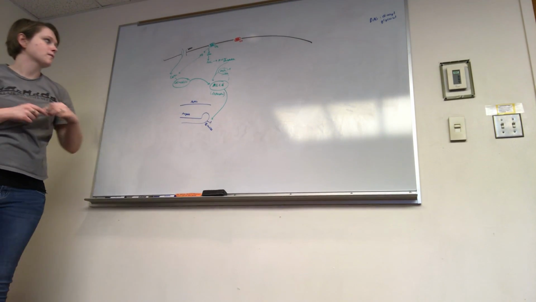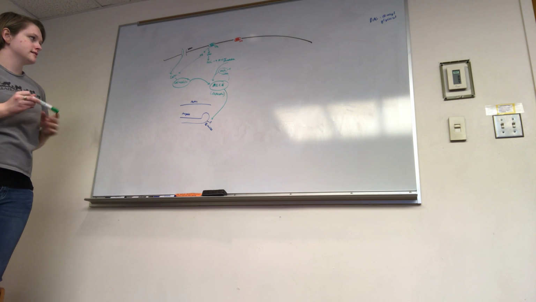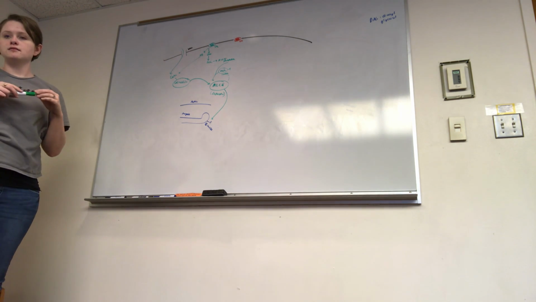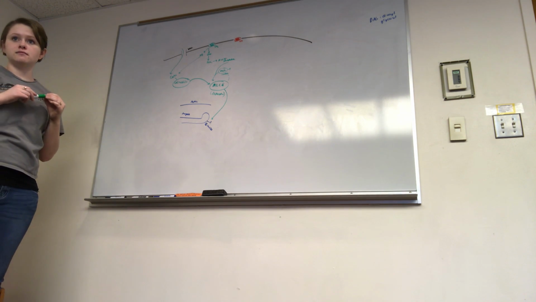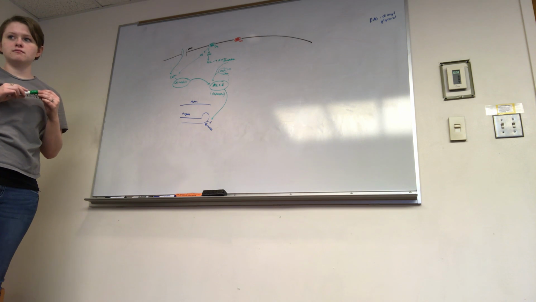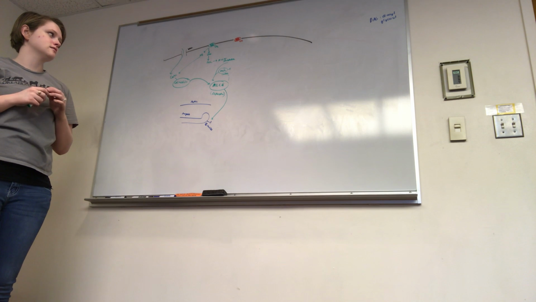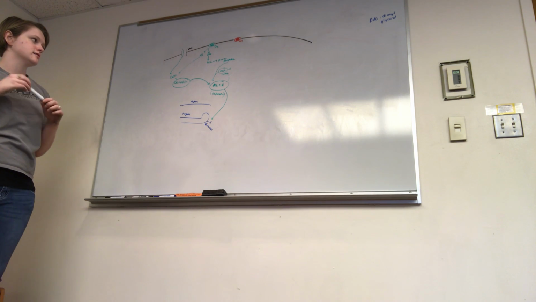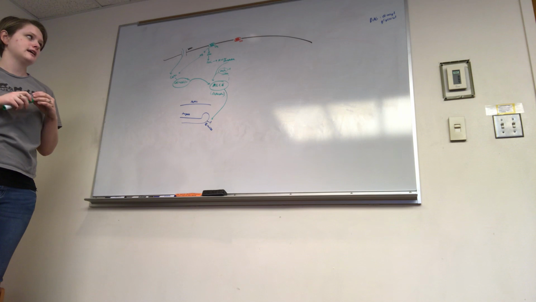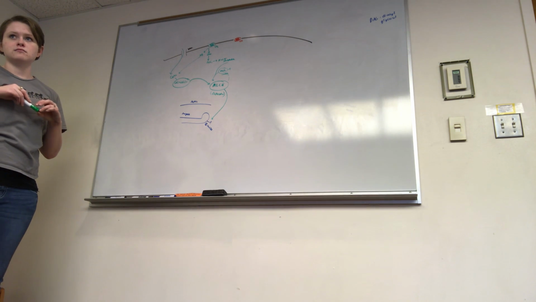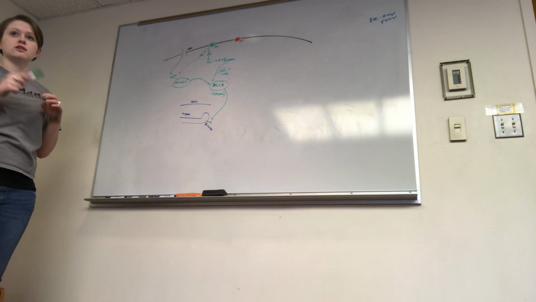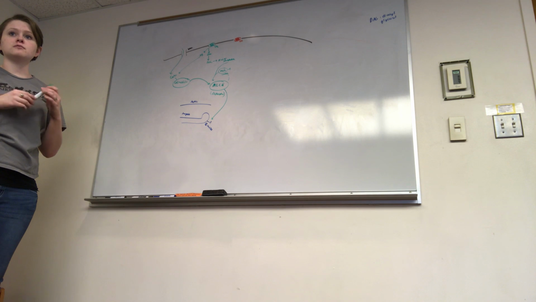So what activates myosin light chain kinase? Calcium-calmodulin. There you go. And then what turns myosin light chain kinase from the inactive form to the active form? MLCK phosphatase. Which comes from where? DAG. Which comes from what?